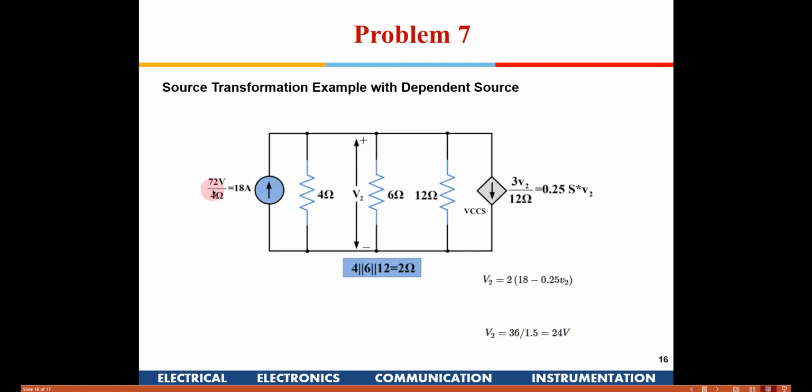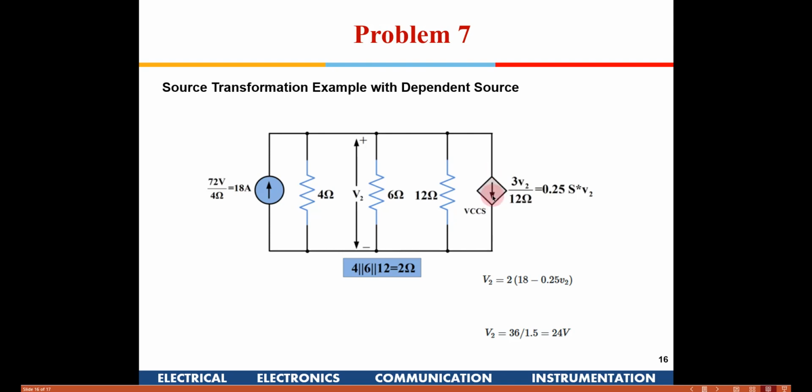If I do the transformation, this is 74 divided by 4, which is 18 ampere. This 4 ohm which was earlier in series has become parallel. This 12 ohm which was earlier in series has become parallel. Now this has become 3V2 divided by 12 ohms. You just have to be careful with the direction of the current.